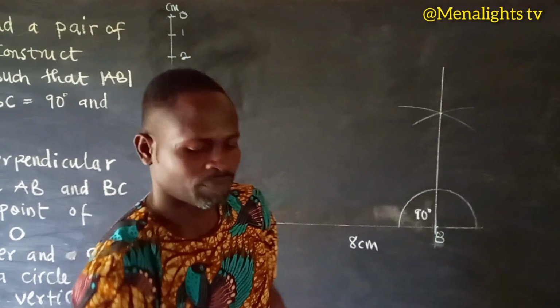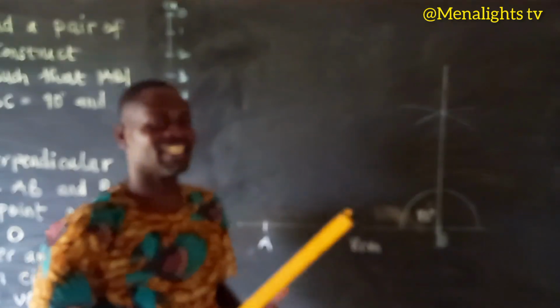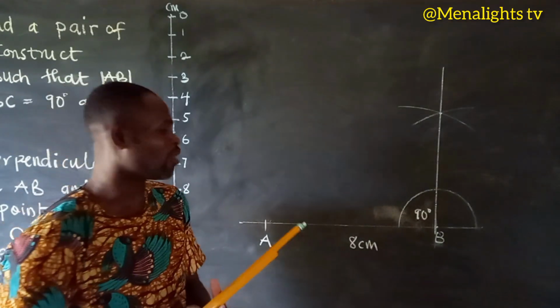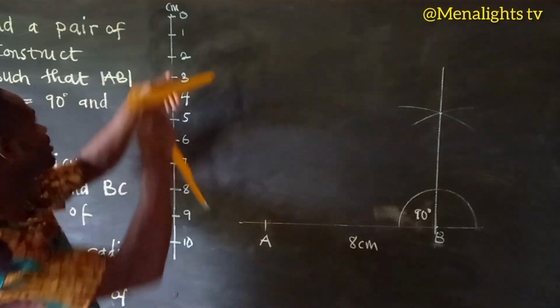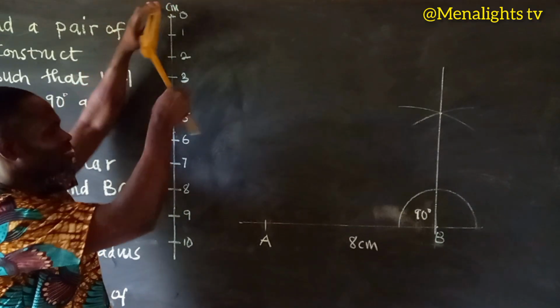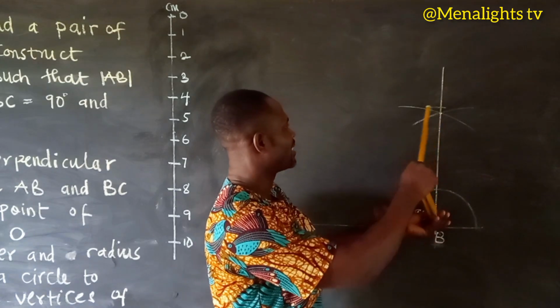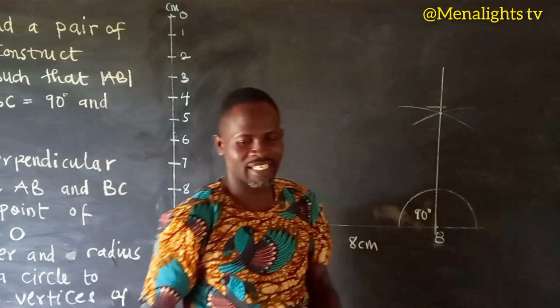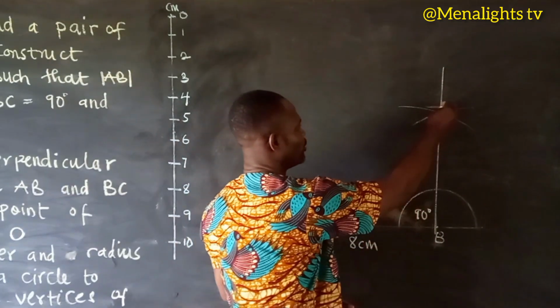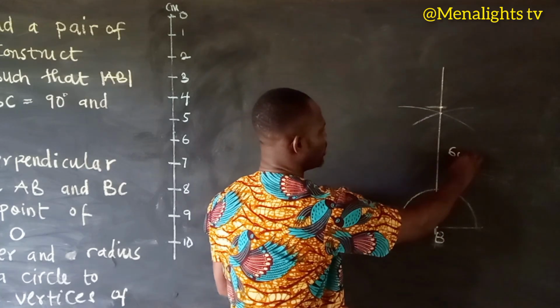Then from there, the distance from B to C is 6 centimeters. So what I have to do is stand at 0 and open to 6 centimeters. So I'll stand here and mark it, and that's where my C is. So from here, B to C is 6 centimeters.